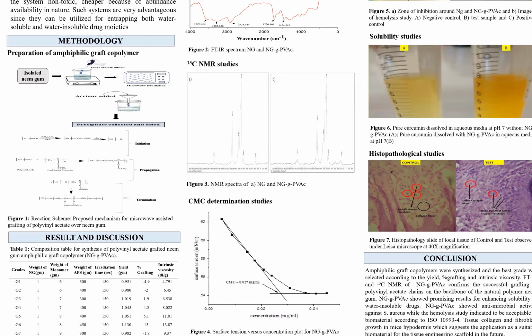We kept increasing the concentration of our polymer, and with increasing concentration, the surface tension keeps decreasing. But then there comes a point when it becomes constant, and that point is known as the CMC value, the critical micelle concentration value. And this was found to be 0.27 milligram per ml, which is a very low value, indicating better stability of the structure.